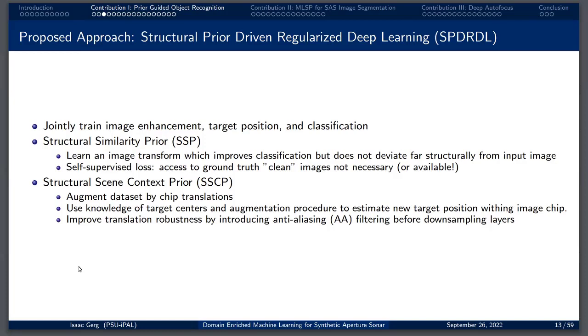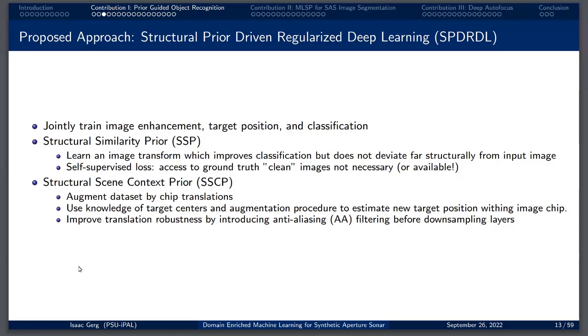This is a self-supervised loss, so I don't have any ground truth. The transform is free to do as it wants, as long as it meets this structural constraint. What's nice about this is I don't need any more ground truth data, so I can apply this type of processing to existing data sets and try to squeeze more data out of them.